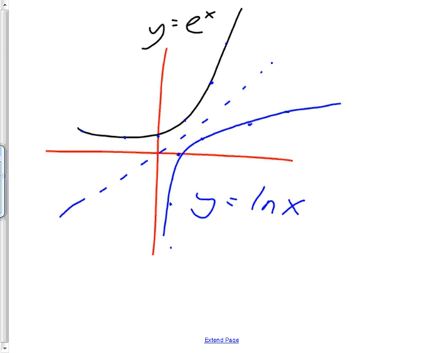I know you don't know those functions terribly well yet, but you've seen them a few times. I've shown them to you. They are inverses of each other because they are exactly flipped across the line y equals x.